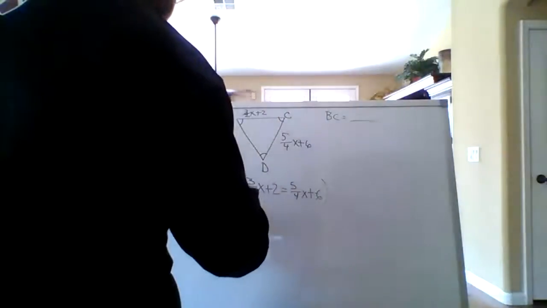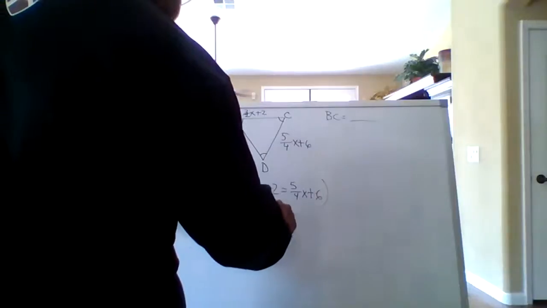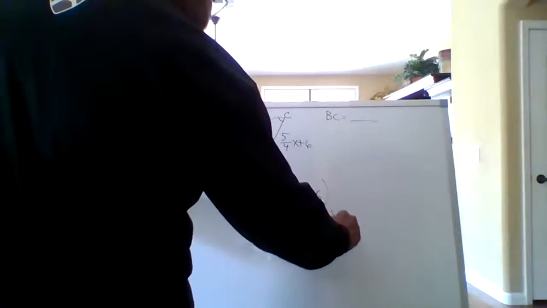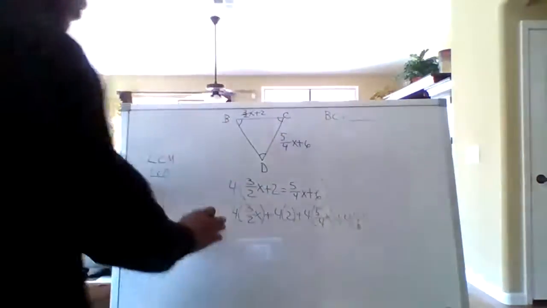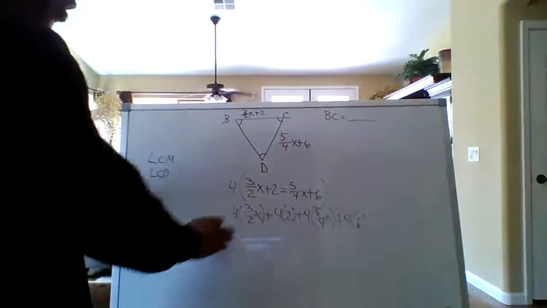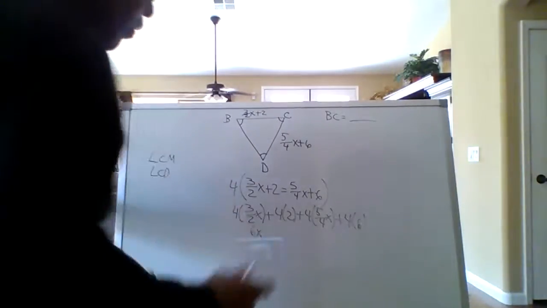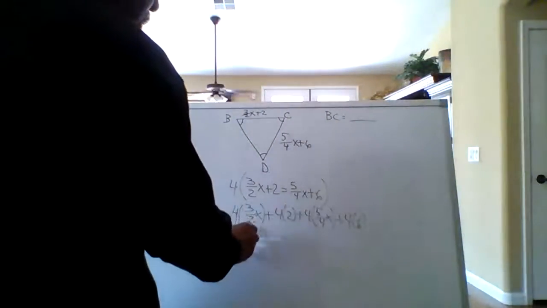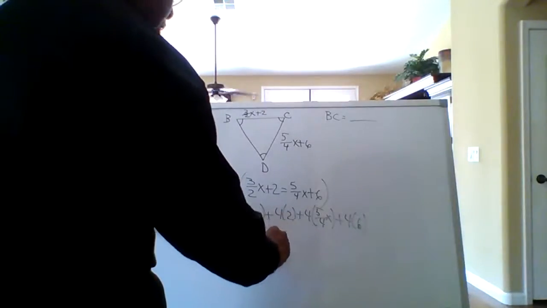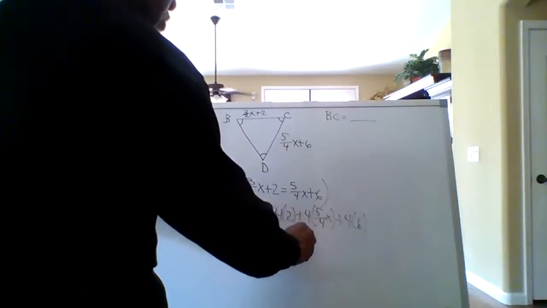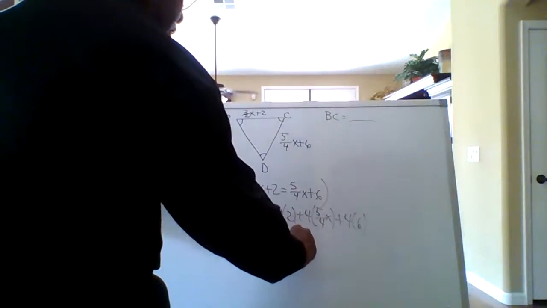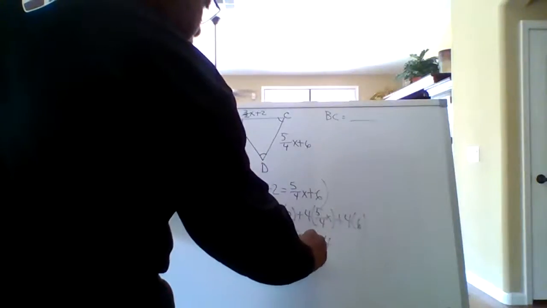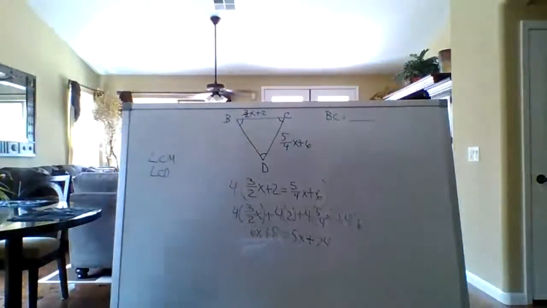So we have 4 times 3/2 x plus 4 times 2 equals 4 times 5/4 x plus 4 times 6. 4 times 3 is 12 divided by 2 is 6, so fraction gone, plus 4 times 2 is 8. 4 times 5 is 20 divided by 4 is 5, so 5x, fraction gone, plus 4 times 6 is 24.